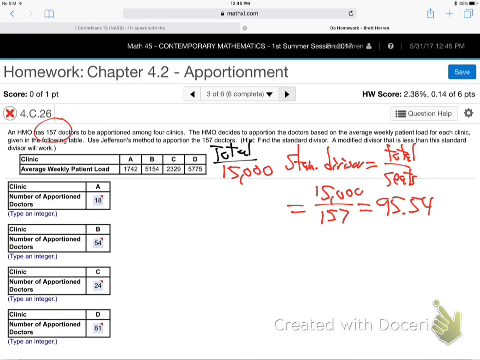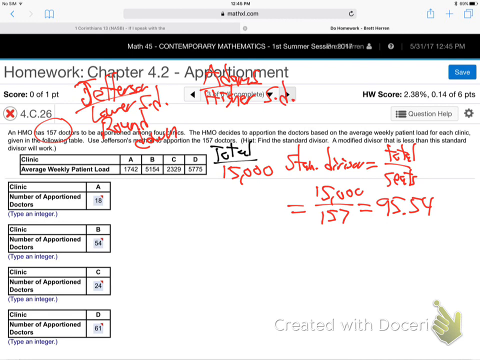Is everybody understanding that? Remember the 3 methods? I want you to write them on your 3x5 card. So for Jefferson, you pick a lower SD, standard divisor, round down. For Adams, you pick a higher standard divisor, round up.